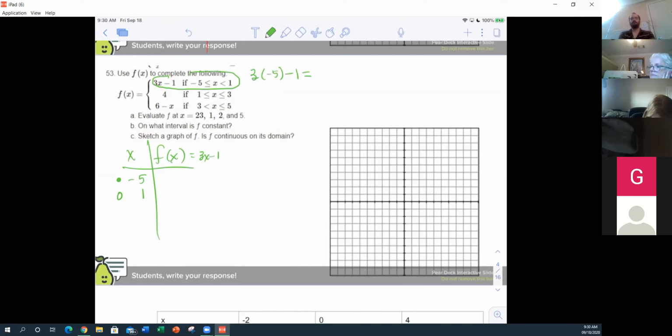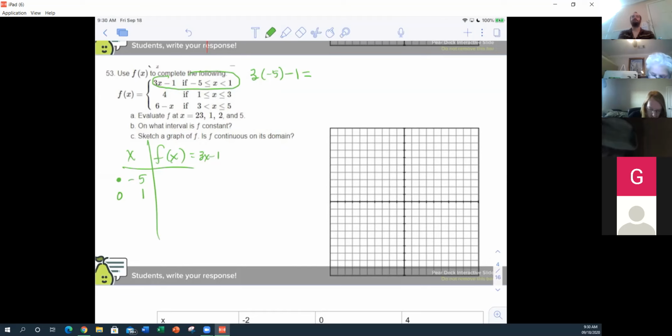Let's see. So this is if X is equal to 23, correct? So if your X is -5, what would your F of X be? Oh, sorry, I was looking at part A here. Okay. So if X is equal to -5, that would be -14, or no, -16.